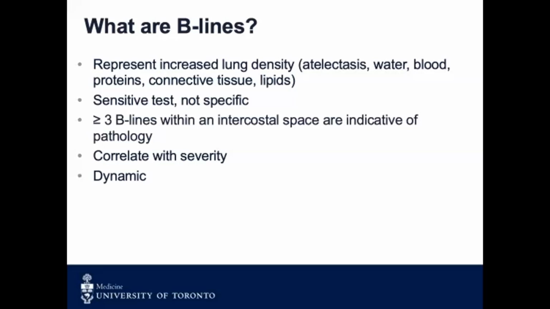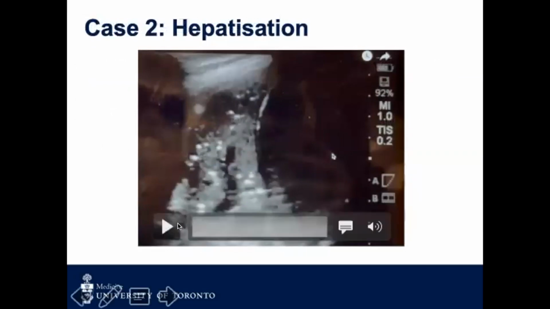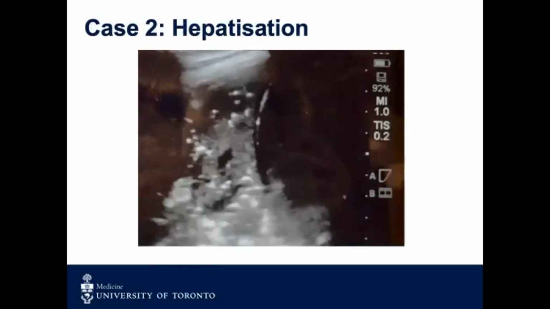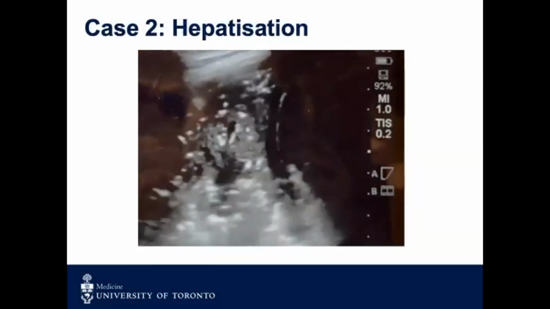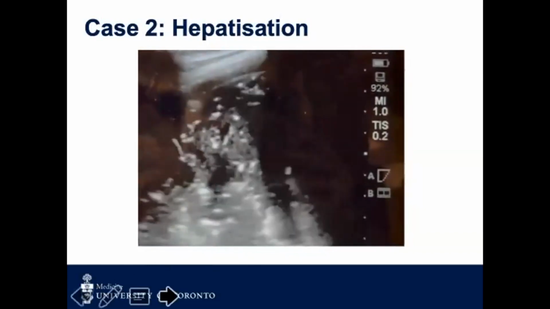It can only help you and cue you as to what the patient might have. In this specific case, you slide down and you take a look at the space between their diaphragm and their lung. What we see here is something called hepatization, and this is indicative of consolidation.